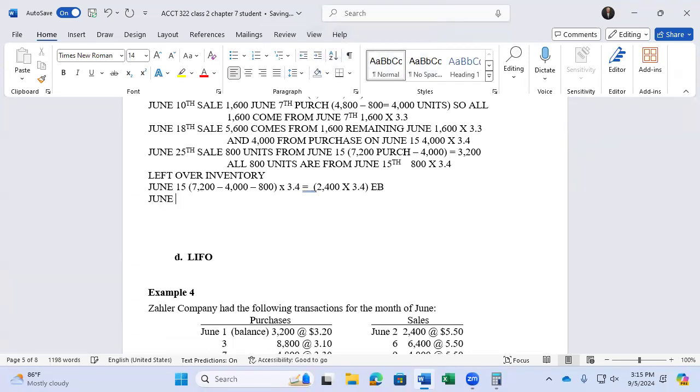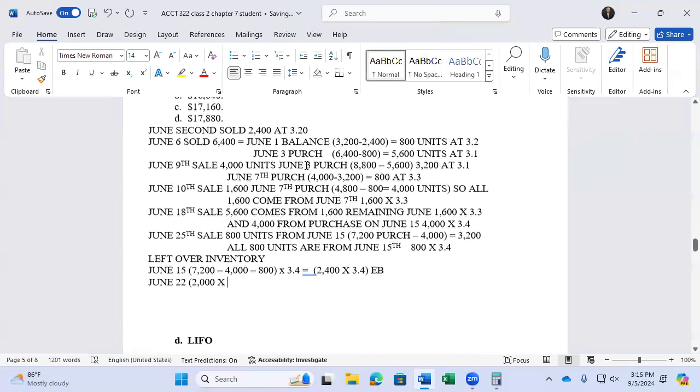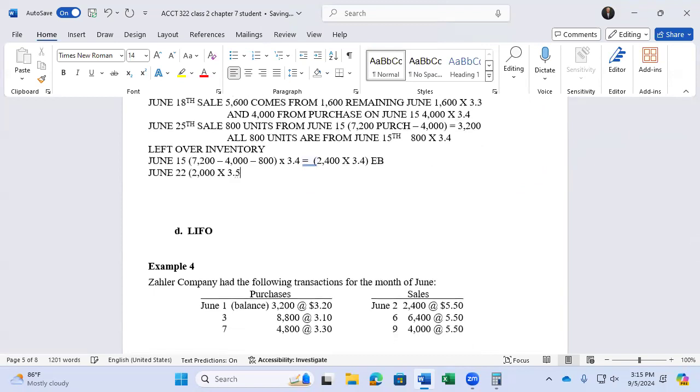And then June 22nd, we didn't have any taken from that, so that is just 2,000 times 3.5. So I think that's gonna be 7,000, right?